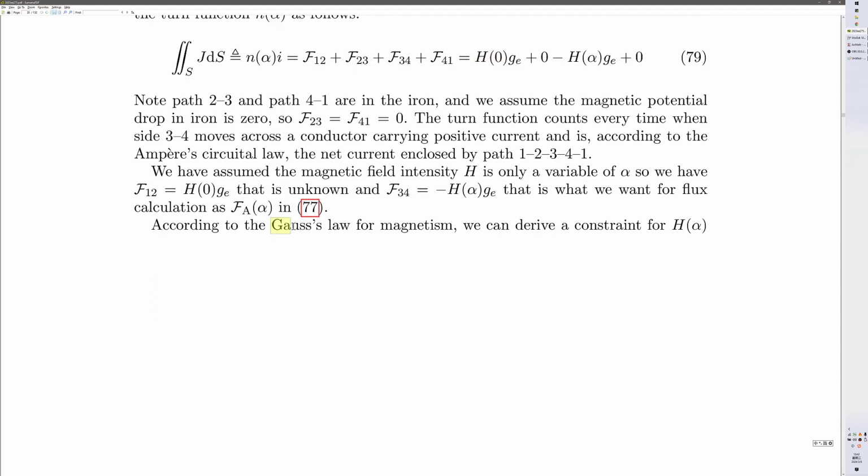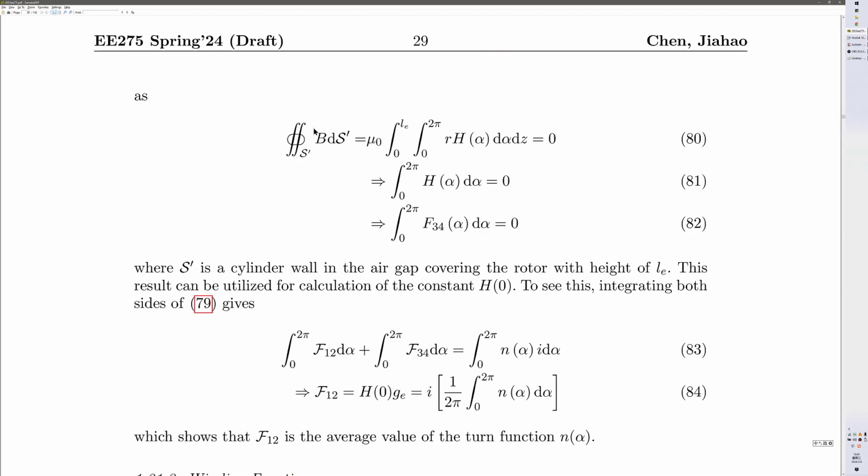We are going to apply the Gauss's law for magnetism. So basically, the magnetic flux lines passing through a closed surface is 0. And with that, we will have, so yeah, I'm not going to go through the details here.